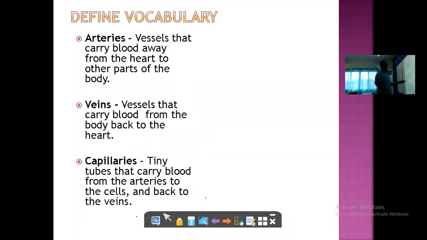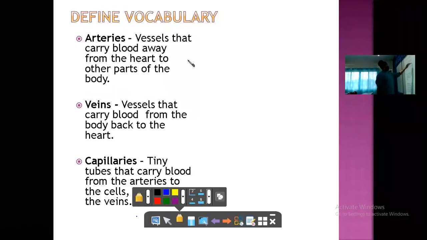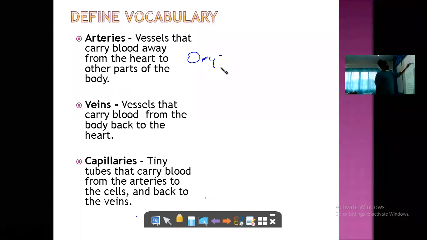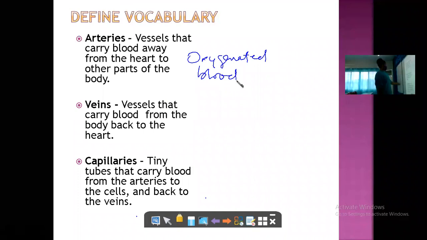Okay, the vessels: the arteries, veins, capillaries. We know that the arteries are involved in transporting oxygenated blood. These are vessels that carry blood away from the heart to other parts of the body.